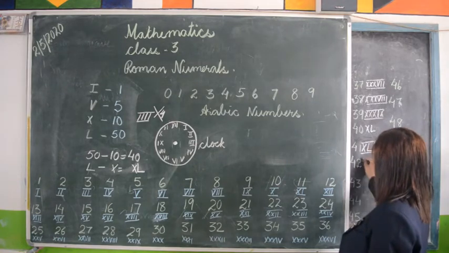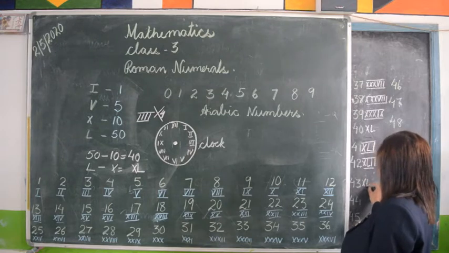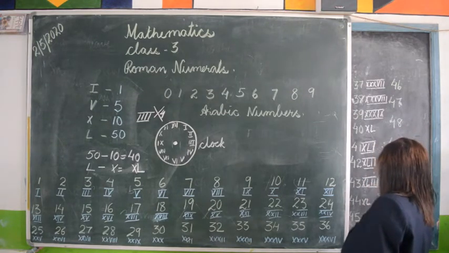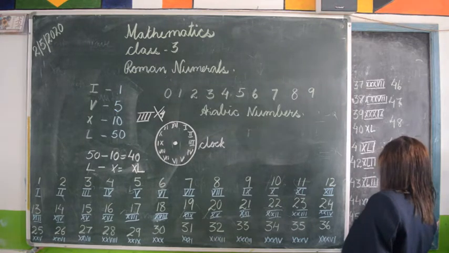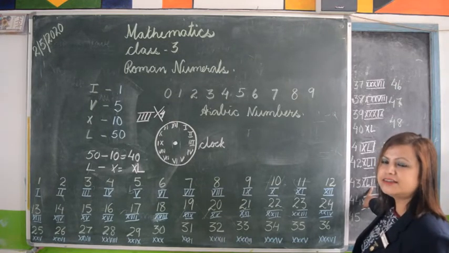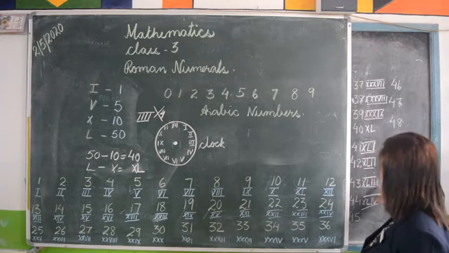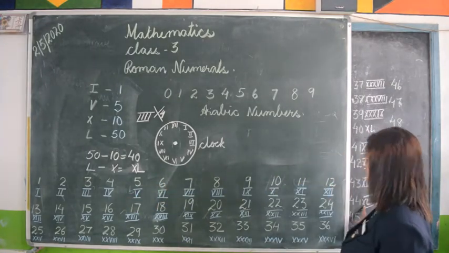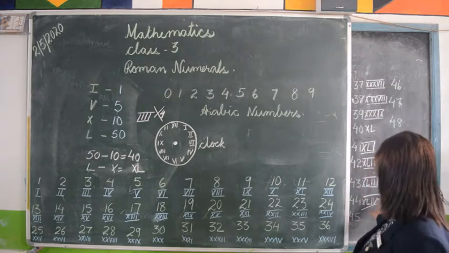XL 2 I's, 42. XL 3 I's, 43. XL 4. We cannot add more than 3 times, isn't it? We cannot write the number more than 3 times. That's why we again go back to the same number 4. As we make 40, just you add 4.